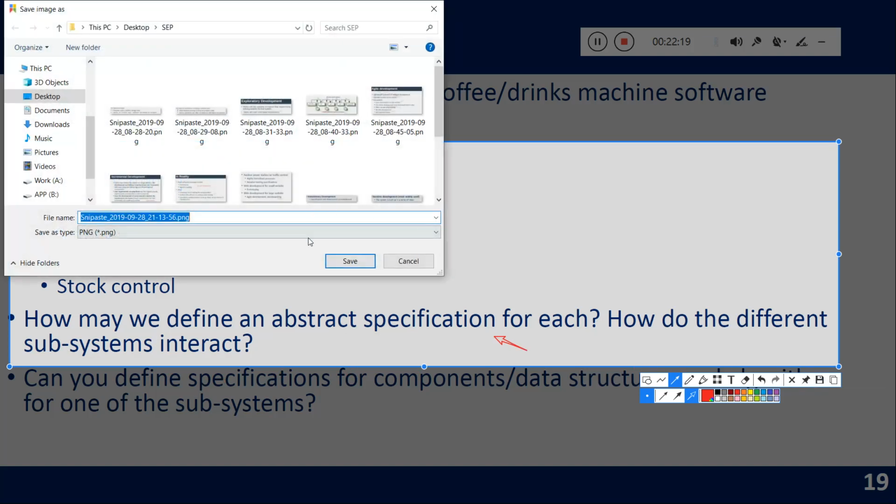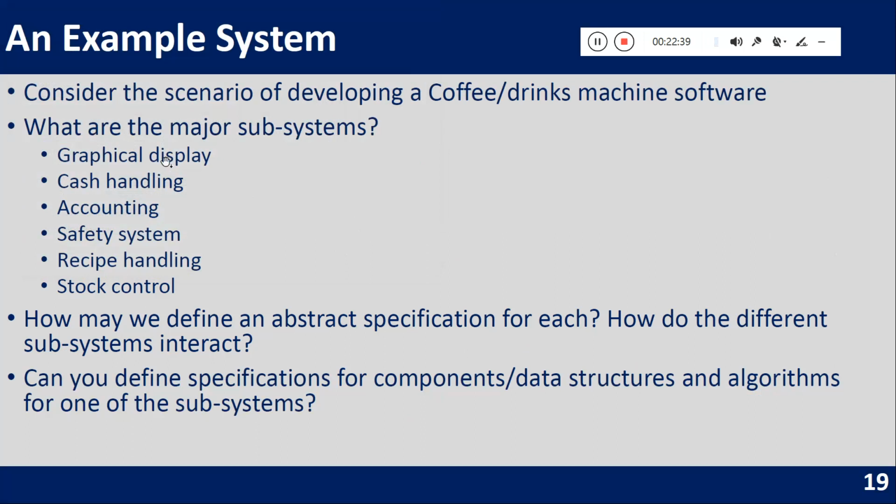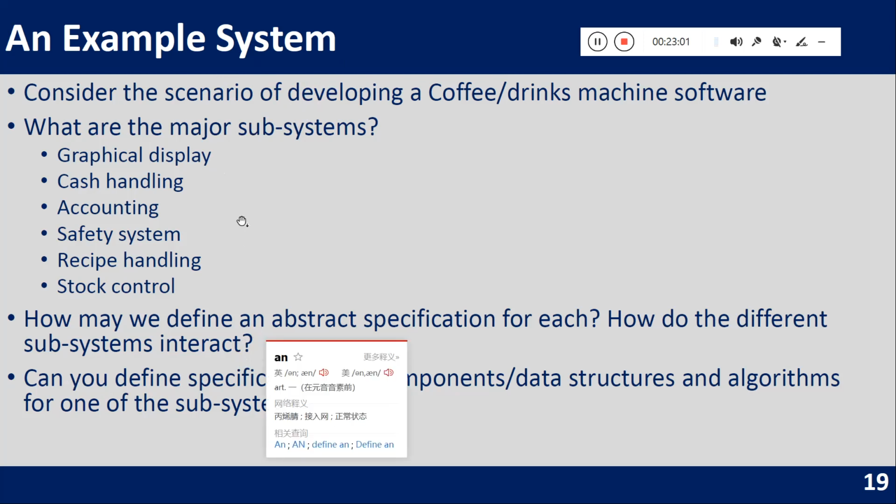The input of the display is just how much coffee we have, what the unit for this coffee is, and what category, and the output is just some numbers on the screen. Can we define a specification for the component data structure for one subsystem?